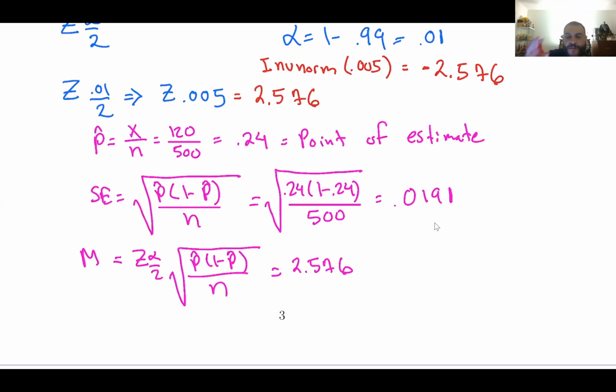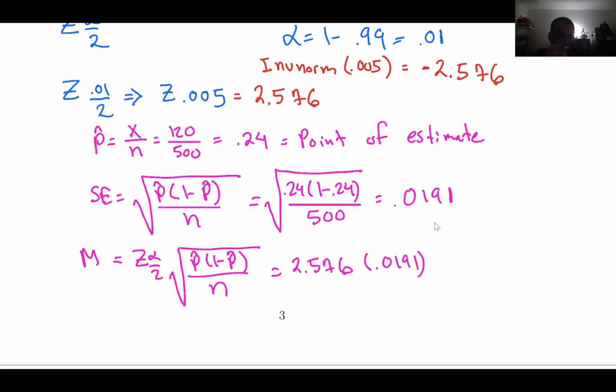Then you multiply by what we got for the standard error, which is 0.0191. Any question? I got 2.576 multiplied by 0.0191. So I'm going to multiply that.